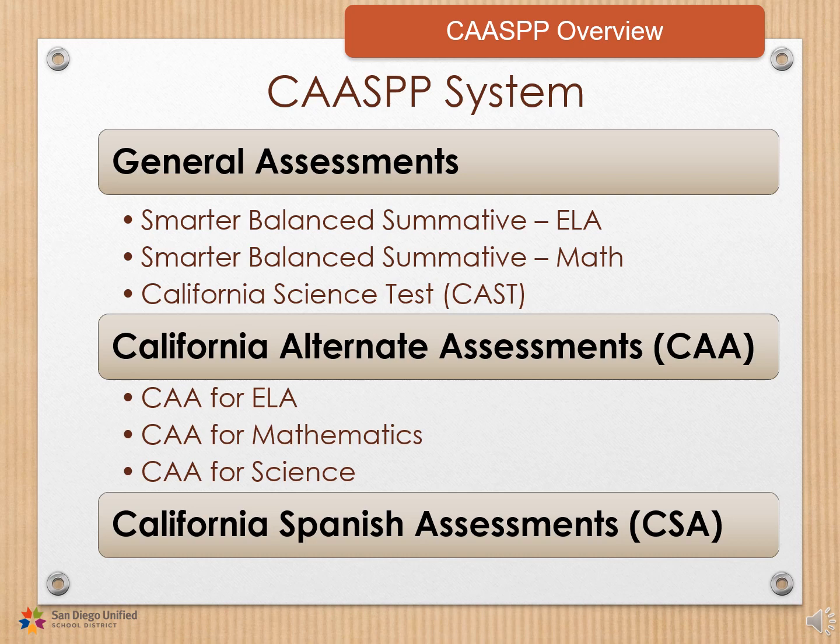The California Assessment of Student Performance and Progress Administration includes the Smarter Balanced Summative Assessments for ELA and Mathematics, the California Science Test, the California Alternate Assessments for ELA, Mathematics, and Science, and the California Spanish Assessment.